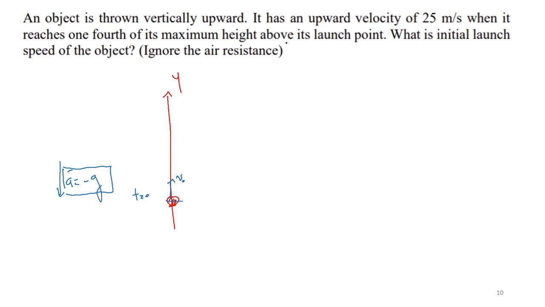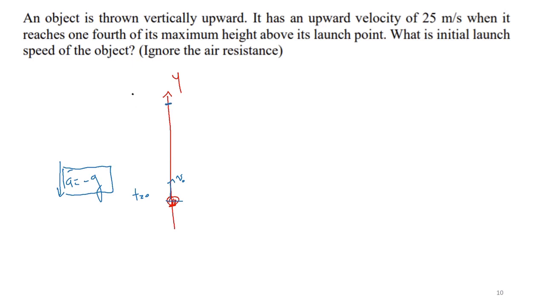So it has an upward velocity of 25 meters per second when it reaches 1/4 of its maximum height from the launch point. So I throw it upward, I will reach a maximum height.